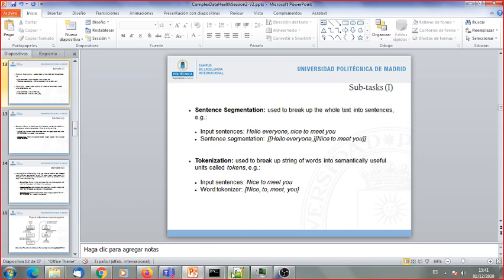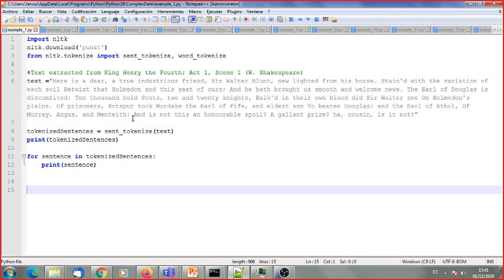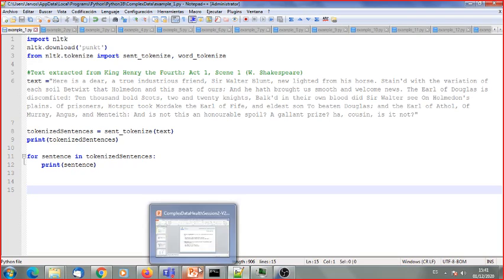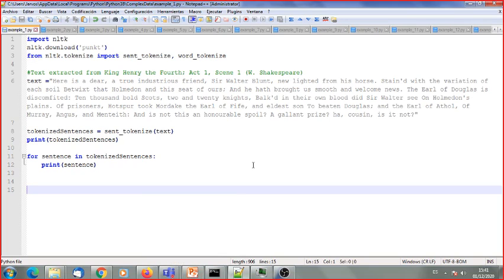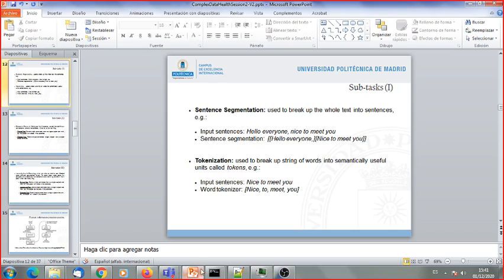I have a question. What is the definition of token? Okay, I don't have it here. I will search for the token definition to give you a more precise one. If you Google it, you can find the definition. I didn't mention the definition of token here, but I will share it with you at the end of the class.